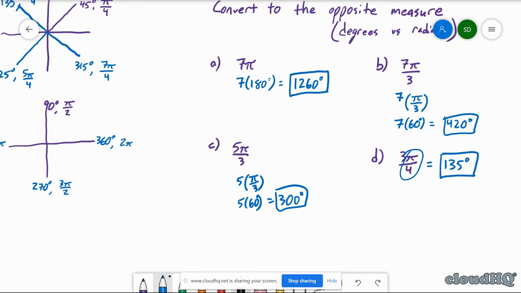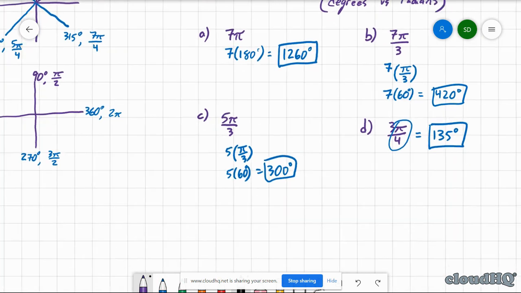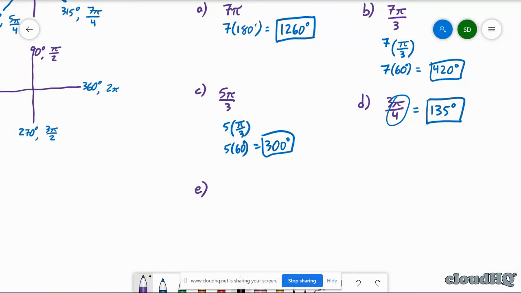And then lastly, to finish this off, what if we went the opposite direction? What if I gave you degrees? We'll go easy first, 360 degrees. 2 pi, good. 2 pi radians, don't even bother with the word radian, we could. 120 degrees. 2 pi over 3, that was pretty fast.